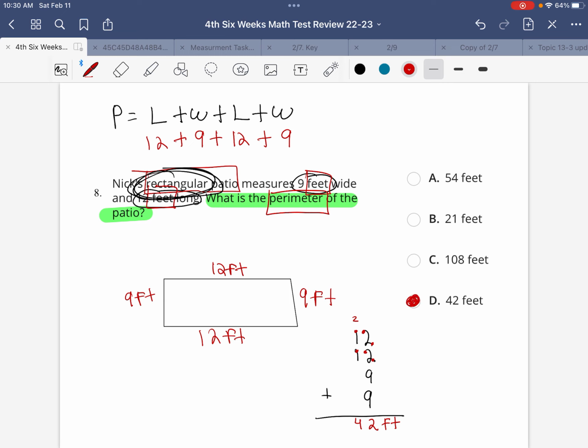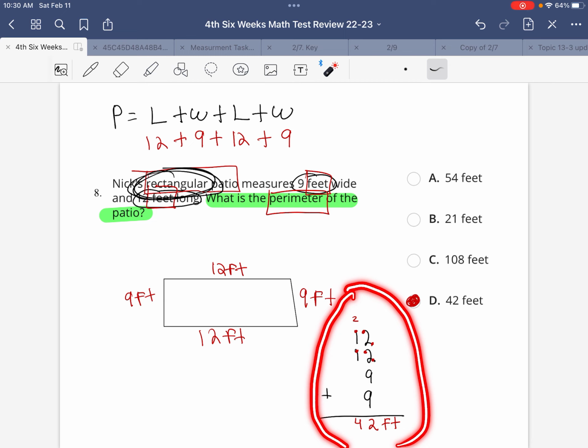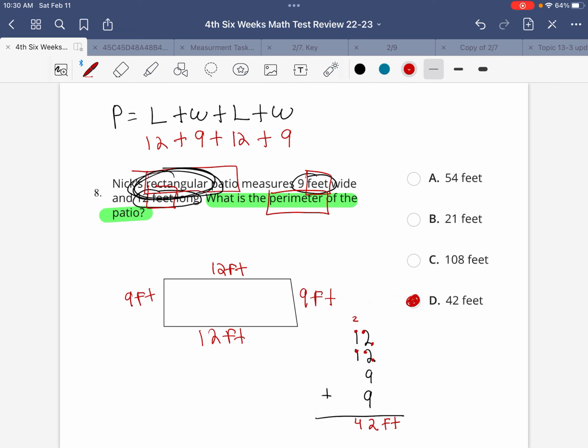Okay. Again, I always say it in class. I'm going to say it right now too. If you do not do good adding them all at once, you do not have to do it like that. Okay? Please, if you know that you struggle with adding all at once, then do 12 plus 12. Get your answer, which is 24. Do 9 plus 9.